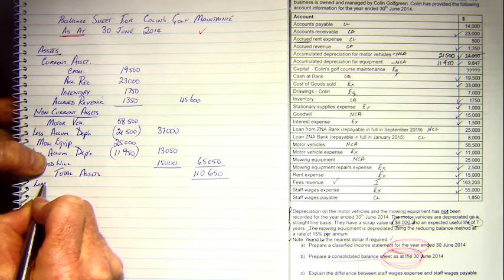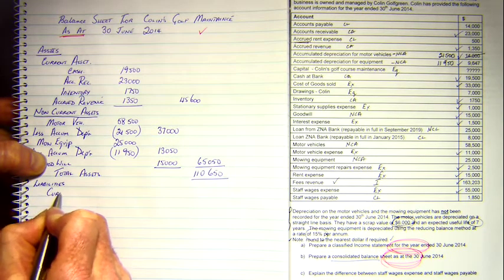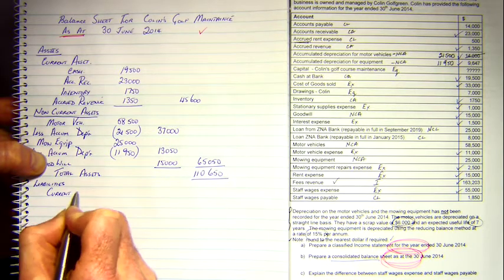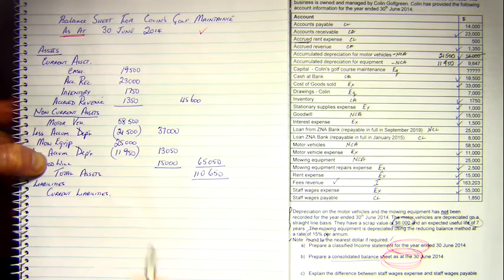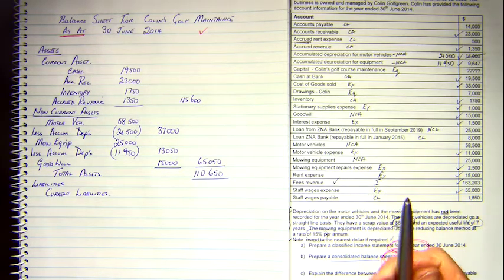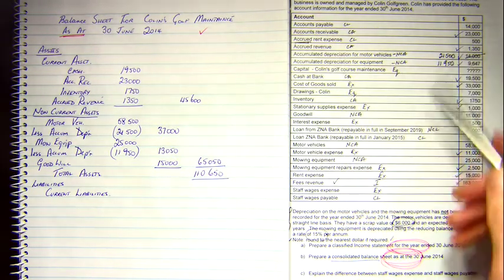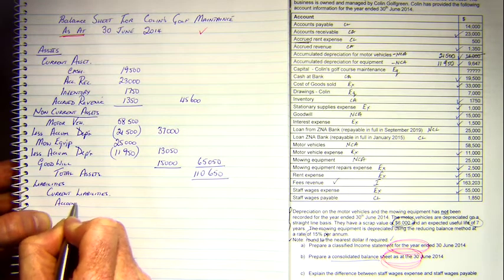Now I'm looking to do liabilities. And the first ones I want to do are my current liabilities. So my current liabilities, which is my first current liability? Yeah, why not? It's on the top of the list. Accounts payable.